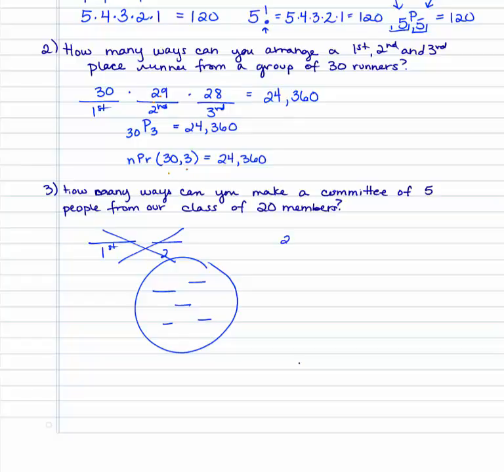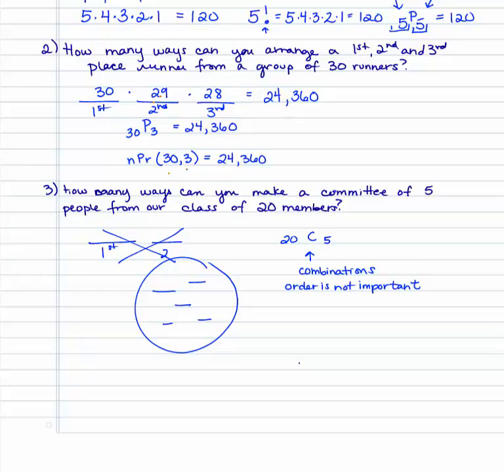We say this is 20C5. This stands for combination. Combinations are used when order is not important. I'm not ranking these people. I'm just picking all 5. Doesn't matter if I pick someone last or if I pick them first, it doesn't mean anything.